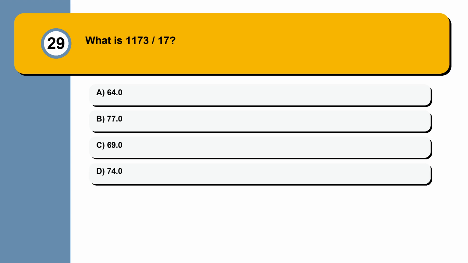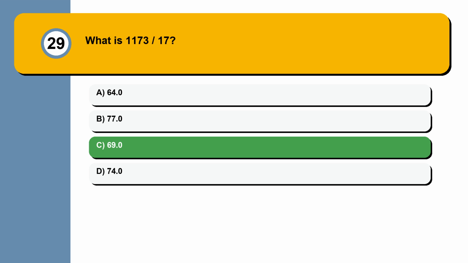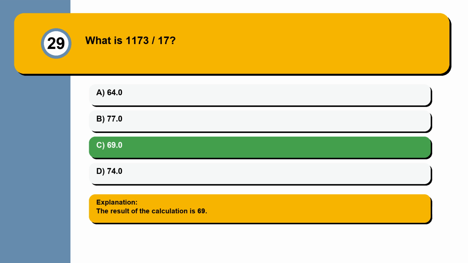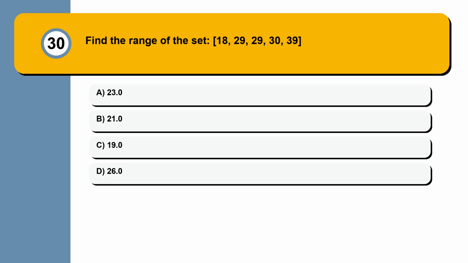Question 29. What is 1173 divided by 17? Options: 64, 77, 69, 74. The result of the calculation is 69. Question 30. Find the range of the set 18, 29, 29, 30, 39.